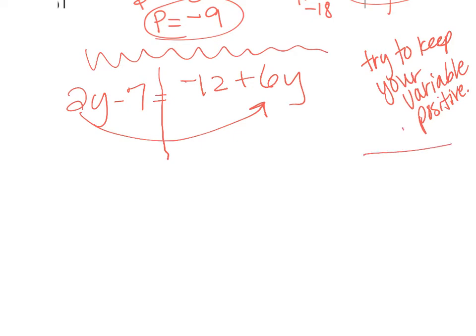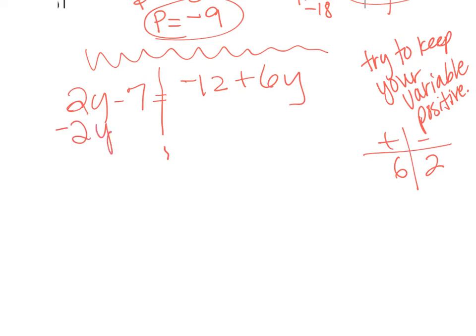So I'm going to make my t-chart, and I'll have 6 here and I'll have 2 here because to remove the 2, I will have to make it 0, so I'm going to subtract 2y.